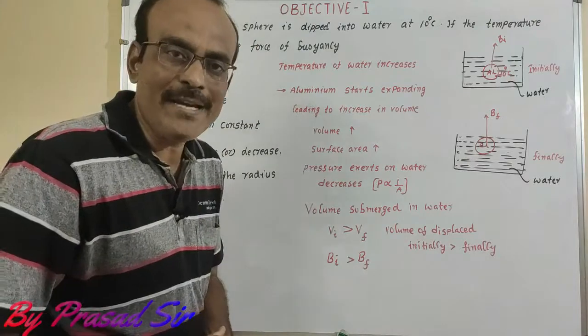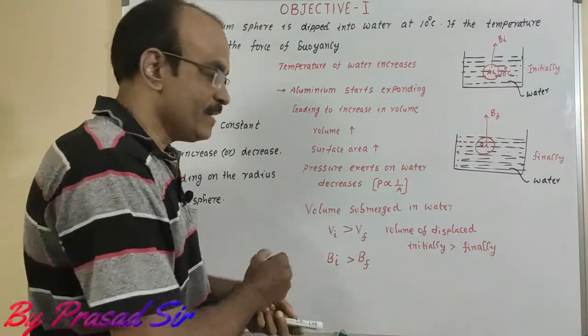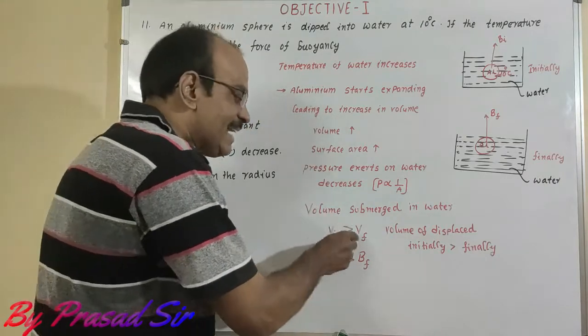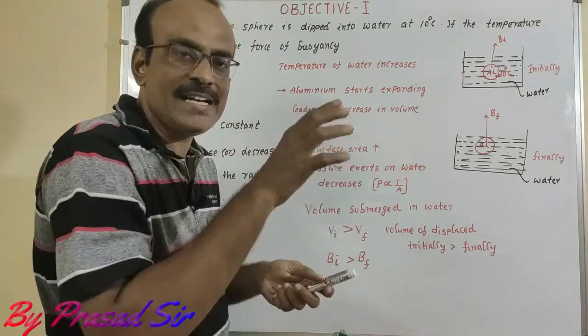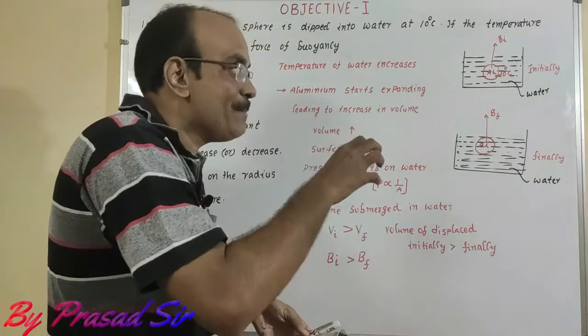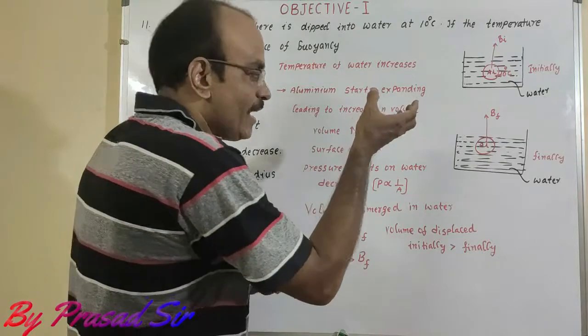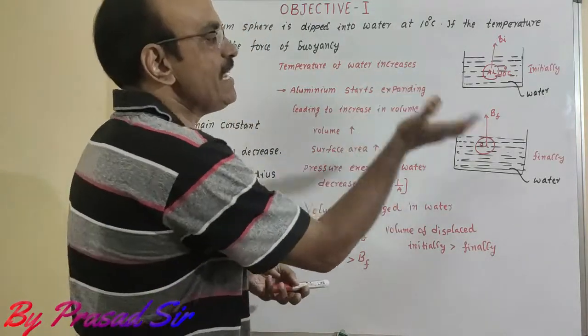Due to that, the volume submerged in the water initially is greater than the final. Why? Because whenever the pressure exerted on the surface of the water decreases, the volume immersed in the water decreases. So the aluminum sphere floats more easily in the water.